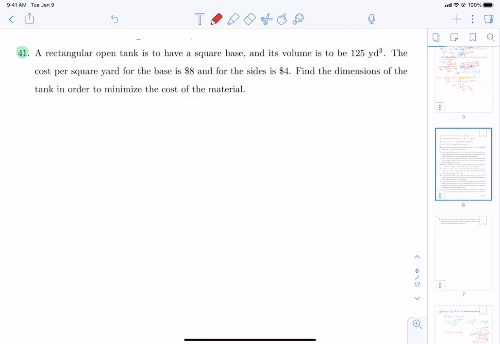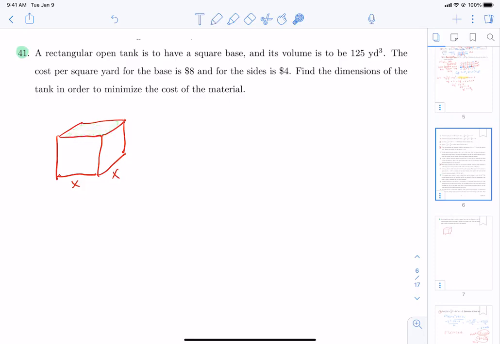Okay. So it says a rectangular open tank is to have a square base. So I'm going to make a little pretend box. And we know that the bottom is square. Now remember, there's no top as far as materials go.